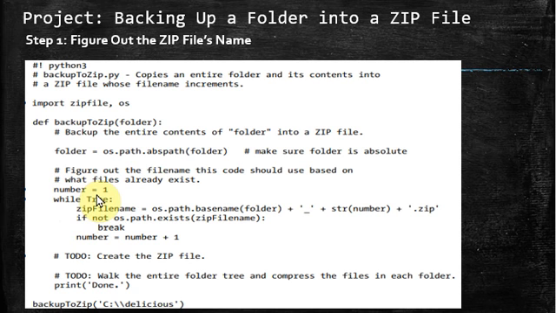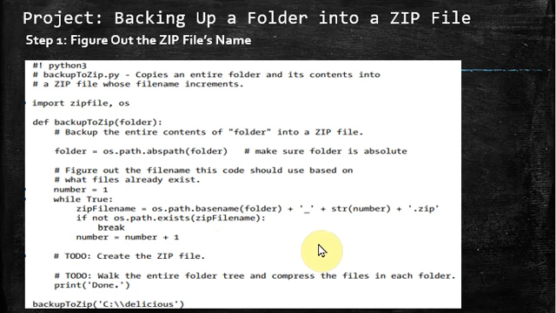Okay, so here you can see number you have initialized to 1, then while True, what you're going to do, you're going to get the base name you're using, and you're checking, so that is stored here in the zip file name. If not os.path.exists, you're checking whether that file name is already there. Okay, so suppose you have delicious_1.zip.